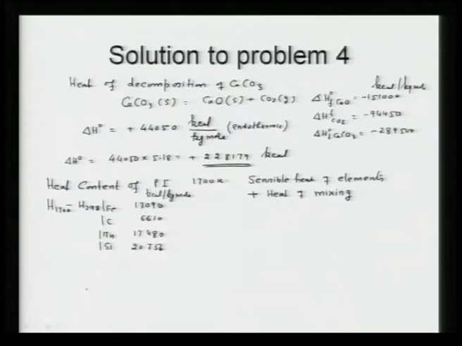Heat of mixing: because we have carbon in solid going to carbon in liquid, say 1 weight percent, that heat of mixing is plus 5.4 into 10 to the power 3 kilocalorie per kg mole.